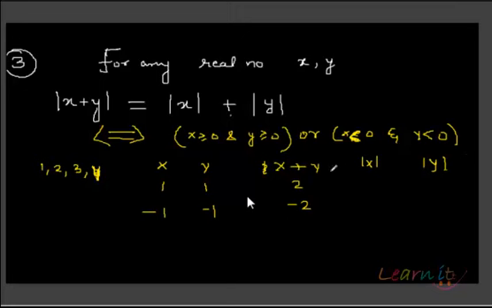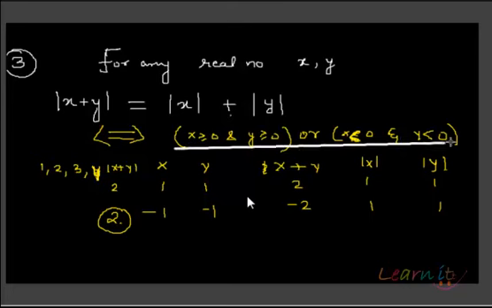Now, I have to somewhere fit in modulus of x plus y. Okay, modulus x plus y. So in the first case, modulus x plus y will be 2. In the second case, when both are negative, then also modulus of x plus y is the same as mod x plus mod y, but not in any other situation.